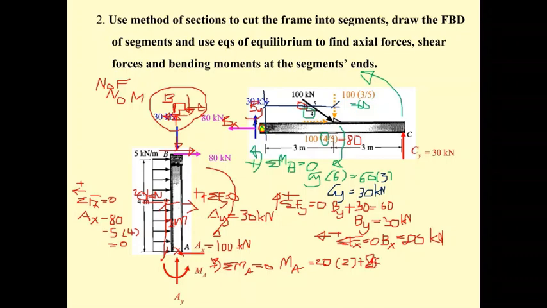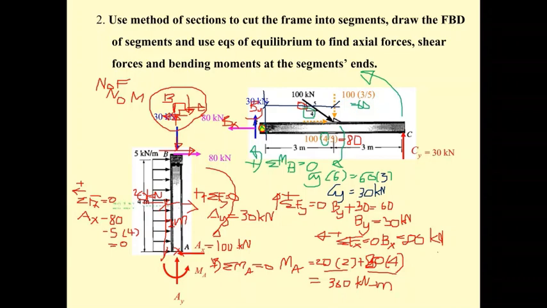My hand is hard to control the mouse. So it's 80 times what? Times 4. Okay, this is 4, and then this is going to be 40, so this is supposed to be 360 kilonewton meter. That is the moment M sub A.